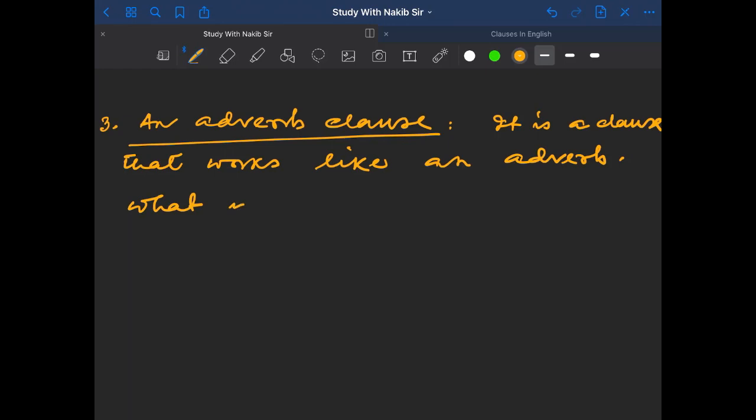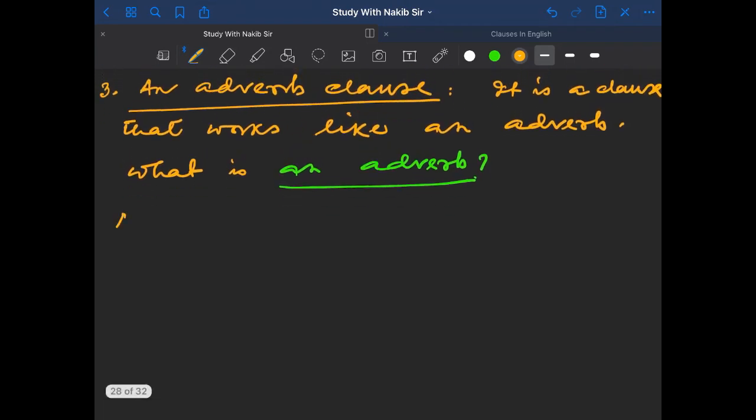What is an adverb? This is the question. What is an adverb? An adverb is that part of a sentence that adds something more to a verb, to an adjective, or to some other adverb. Okay, this is what you have learnt.